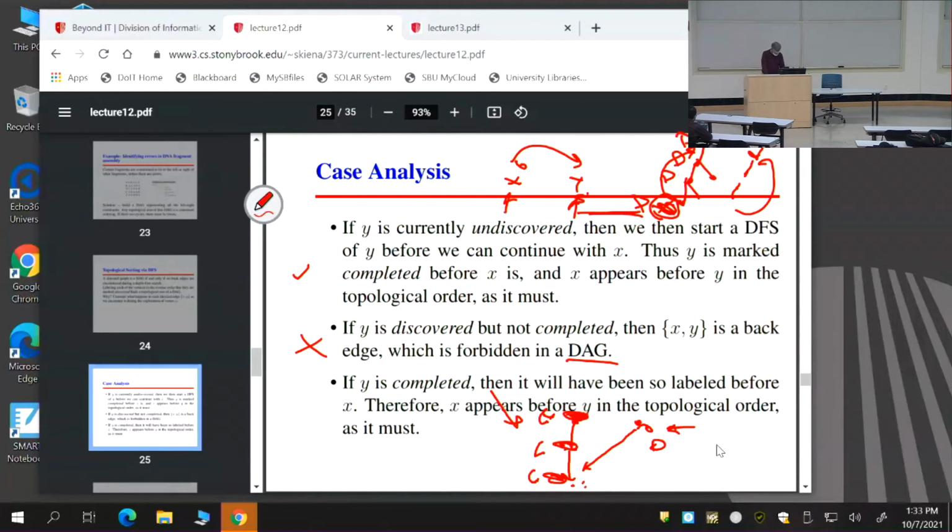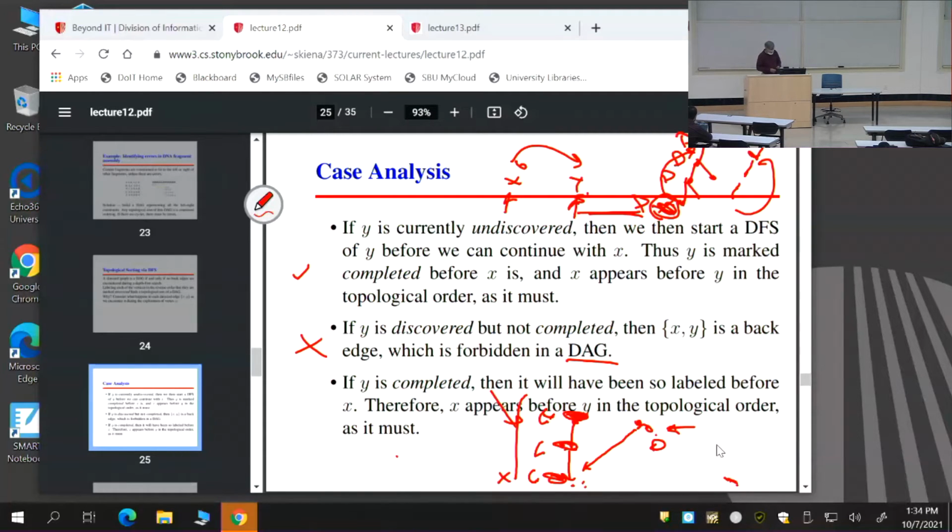That is the case over here, in which case this one will have been completed before this one. Likewise, this one can be to the right of the topological order, and this one will be to the left. This one will go before any of the other vertices in that component. Any questions about that?